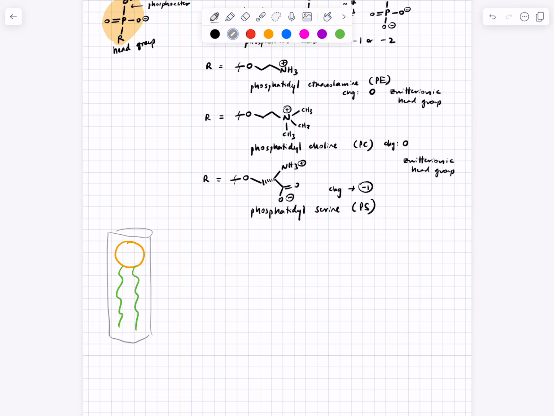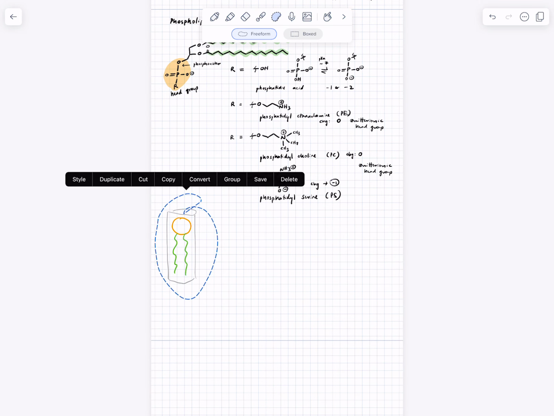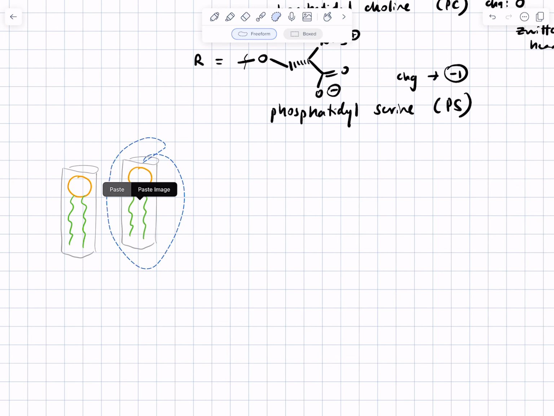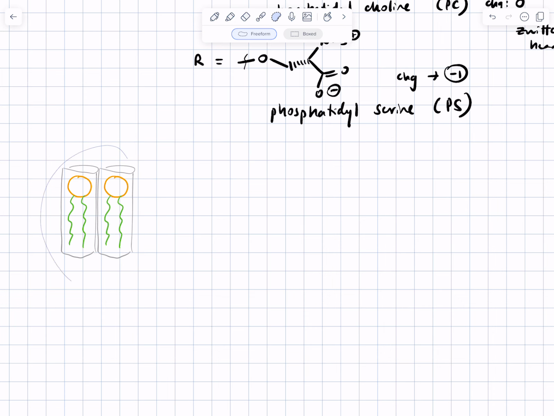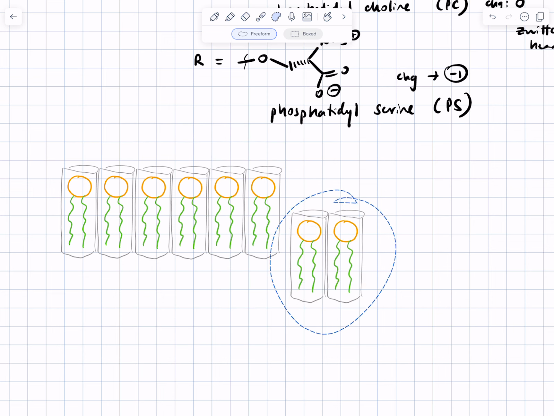The hydrophobic effect tends to cause these individual phospholipids to associate with each other in a way that prevents the non-polar tails from being exposed to water. We talked about why that was in 351.